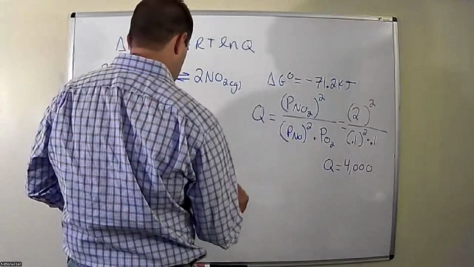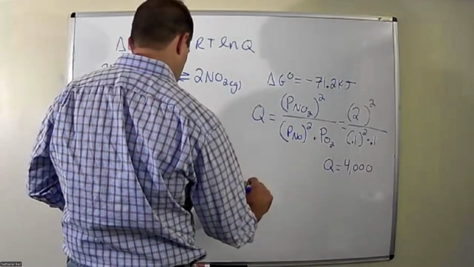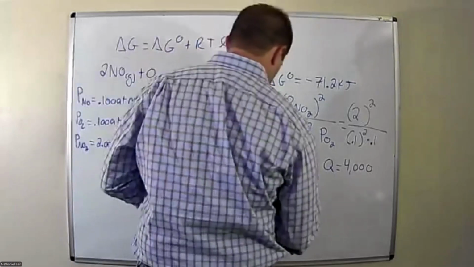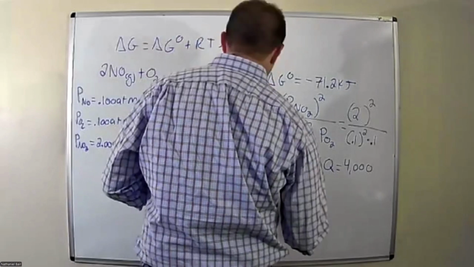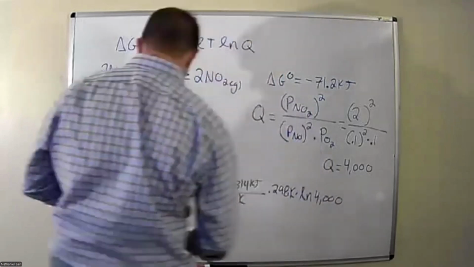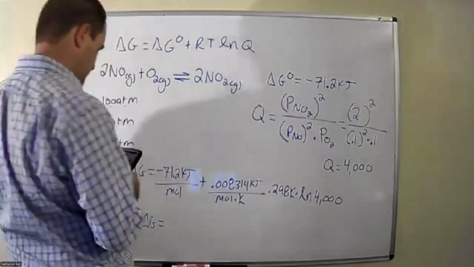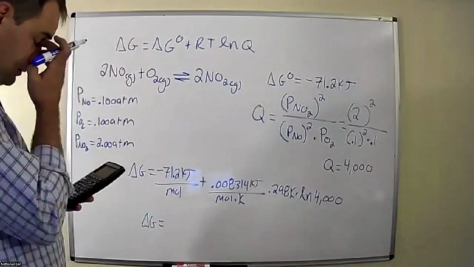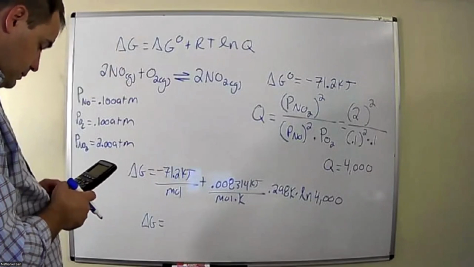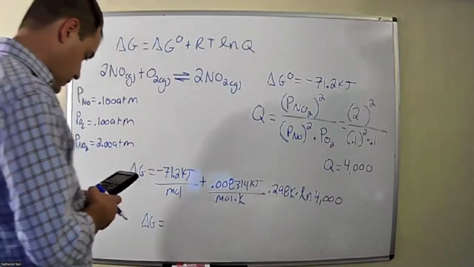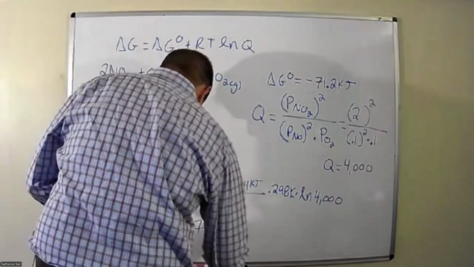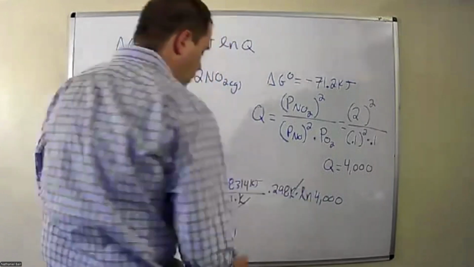Plus R, 0.008314 kilojoules per mole times Kelvin, times the temperature, which is 298 Kelvin, times the natural log of 4,000. And we get negative 50.7 kilojoules per mole, folks.